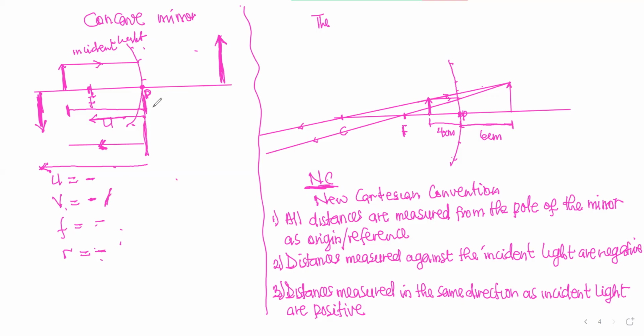If the image formed is virtual, this is how I'll measure V. If the image is virtual, it will go in this direction, and the direction of measurement this time is in the same direction as the direction of the incident light. So in this particular situation, when the image is virtual, V will be positive.